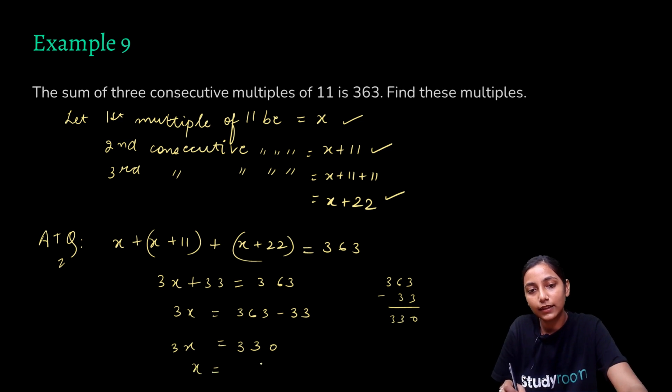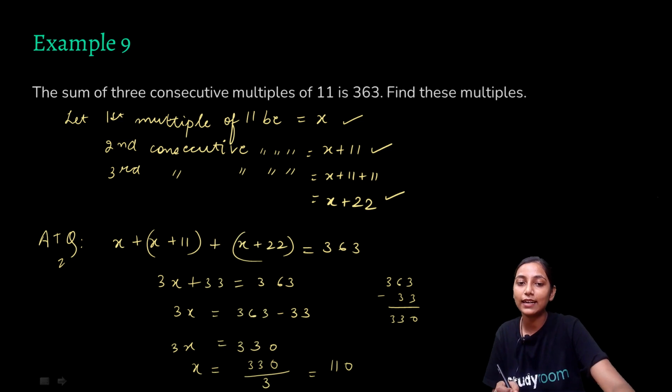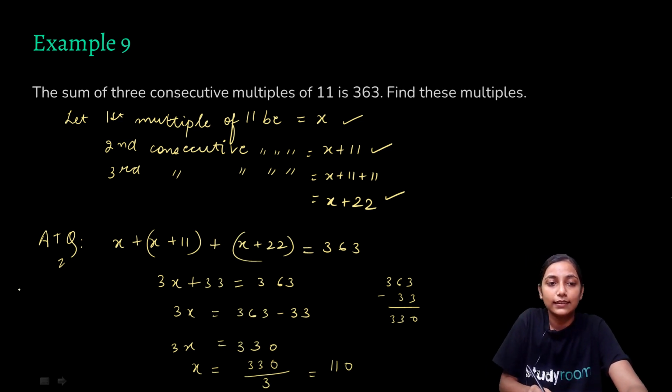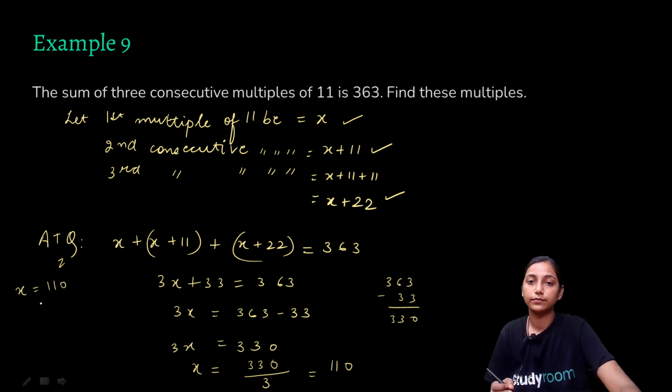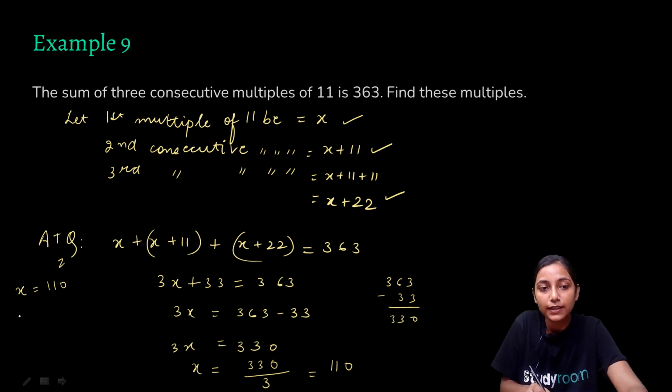We will get 330 divided by 3, that is 110. What are we getting? We are getting x equals 110. What is our next number going to be then? So the first multiple is x, that is 110.